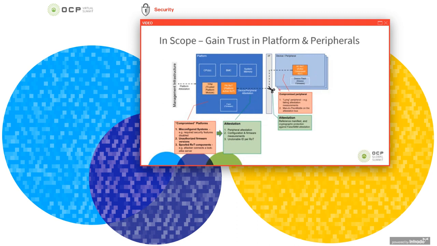And there could be attacks that involve man in the middle, someone listening on the bus between the device and the platform and trying to launch a man in the middle attack on that attestation bus. The attestation spec addresses those by having, first of all, the cryptographic protocol for how to do attestation and how to be resilient to man-in-the-middle attacks.